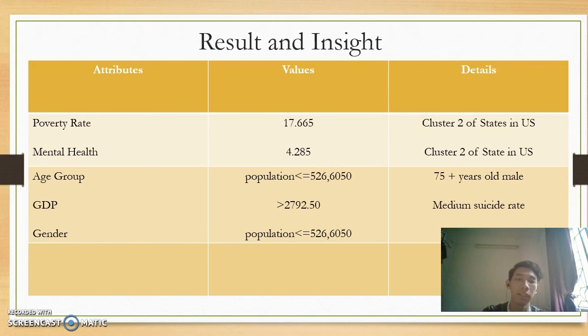So first, we found out that with the population below and equal to 5366050, men of age 75 years and above tend to commit suicide more, because as we have discussed in the term paper, people of this age tend to experience loneliness. So when they experience loneliness, they tend to commit suicide more.